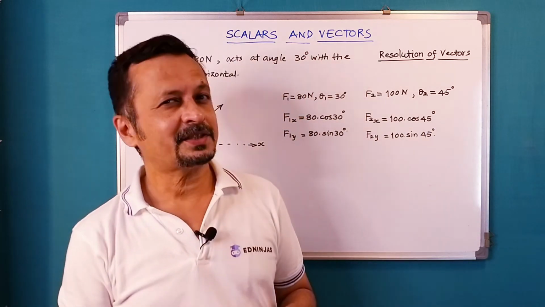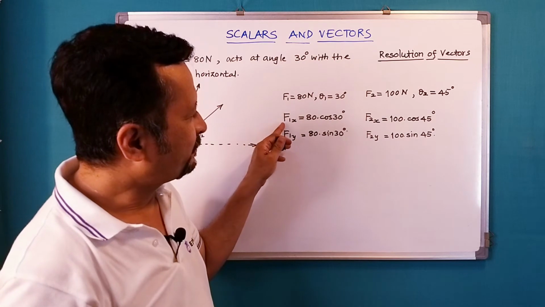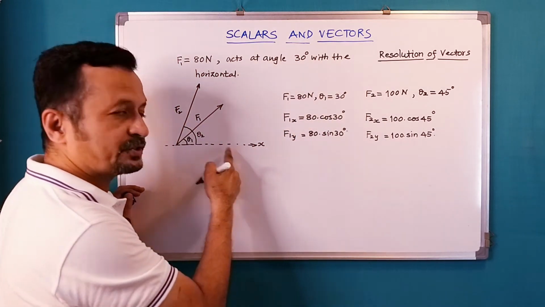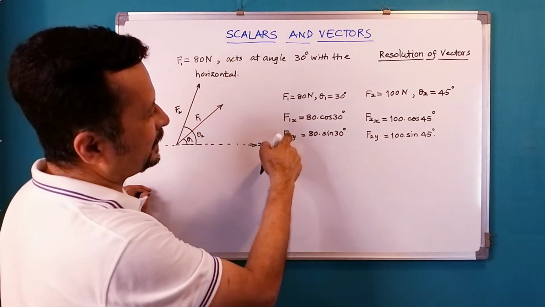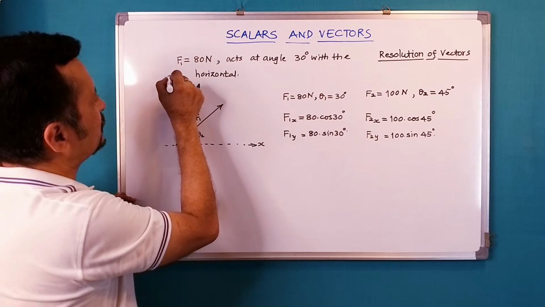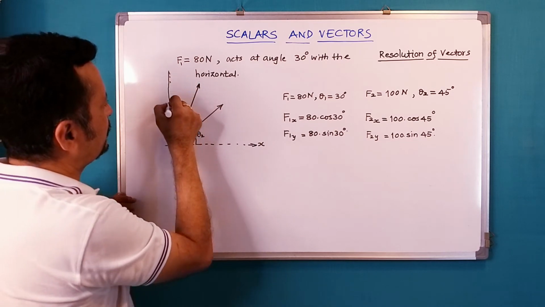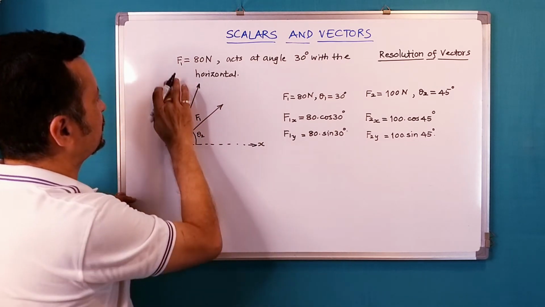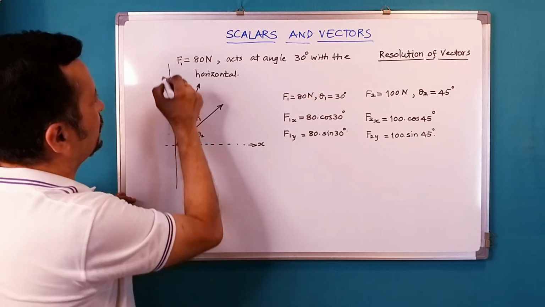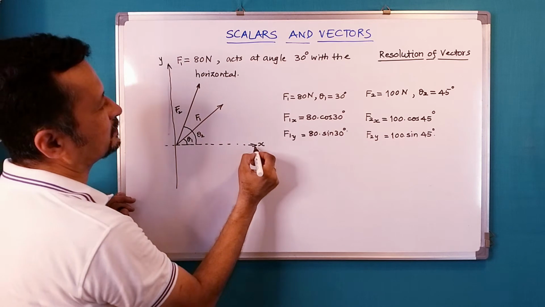Now you must have seen here, this F1x acts in this direction, and F1y acts in the vertical direction. So let us have our y axis here. This is my y axis and this is my x axis.